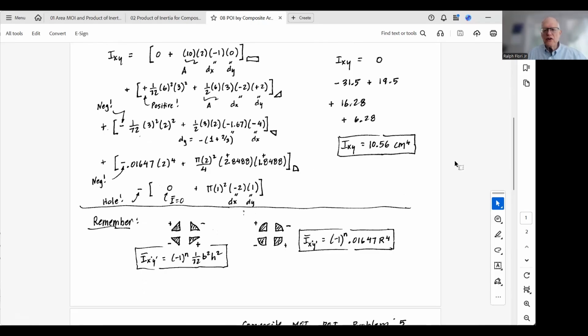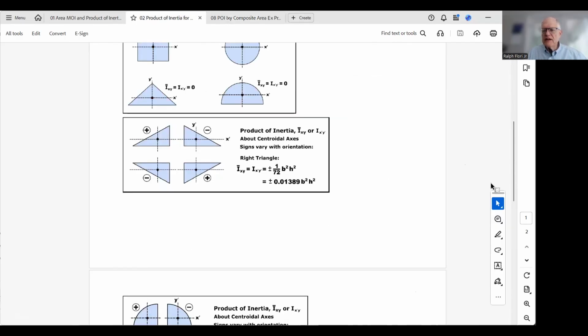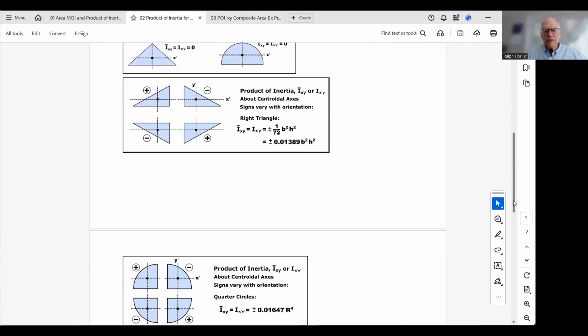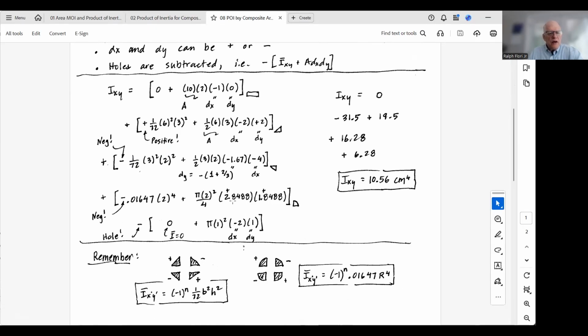For the quarter circle, he's at this orientation here. So a quarter circle at that orientation is going to be a negative sign, negative 0.01647 r to the 4th. His area is pi r squared over 4.